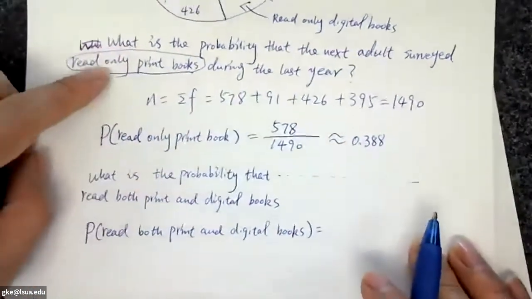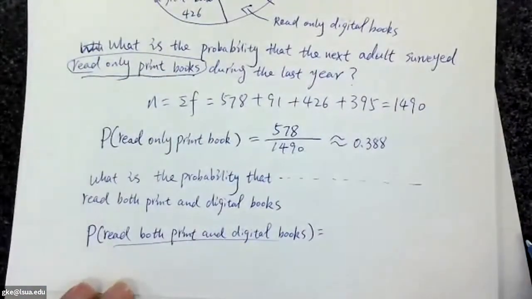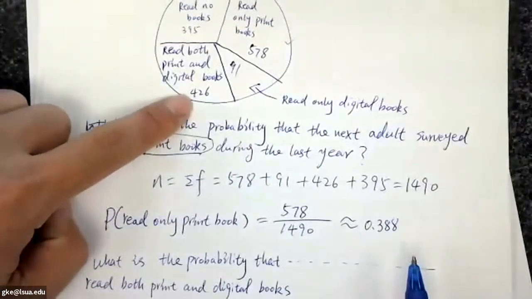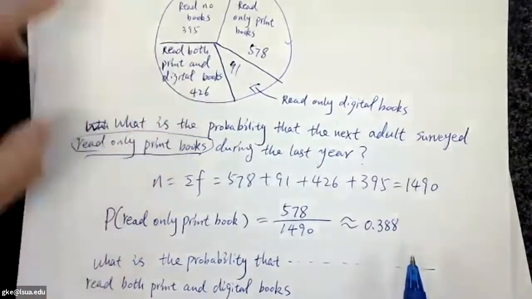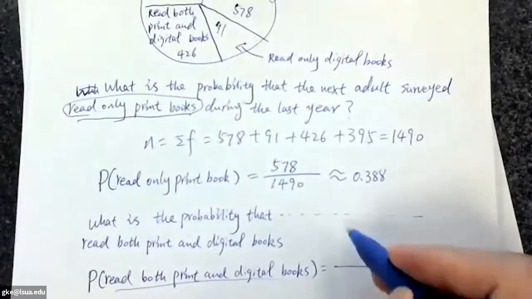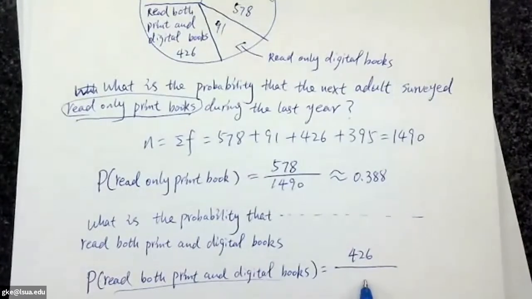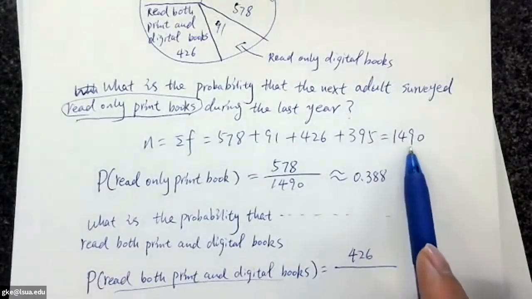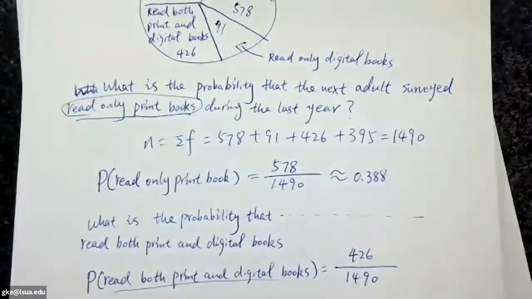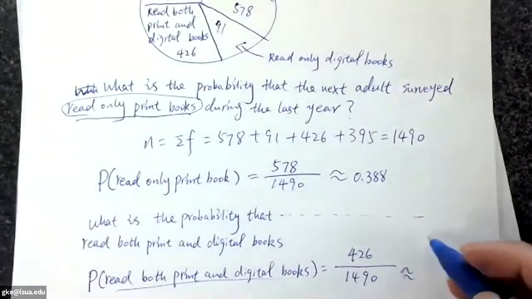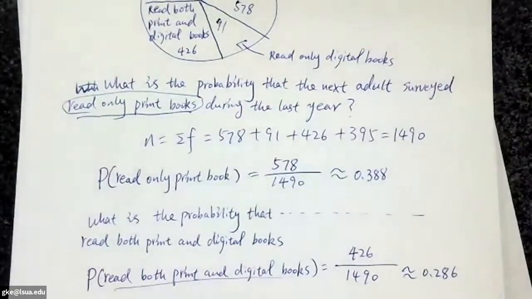The frequency of this event is 426. So we use the formula, 426 divided by the total frequency, 1490, and the result is 0.286.